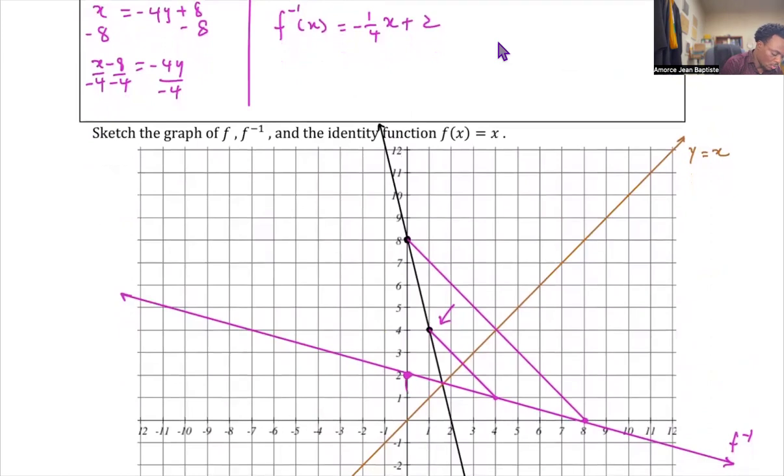So that's down 1 and over 4. See, that would give you the same line. But I prefer using the inverse to sketch it so I can make sure that it's symmetric with the line y equals x.